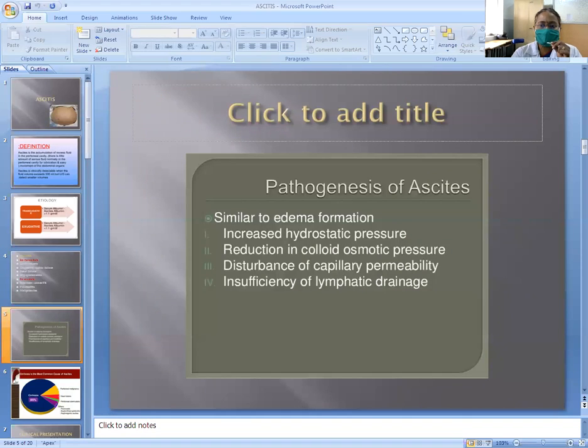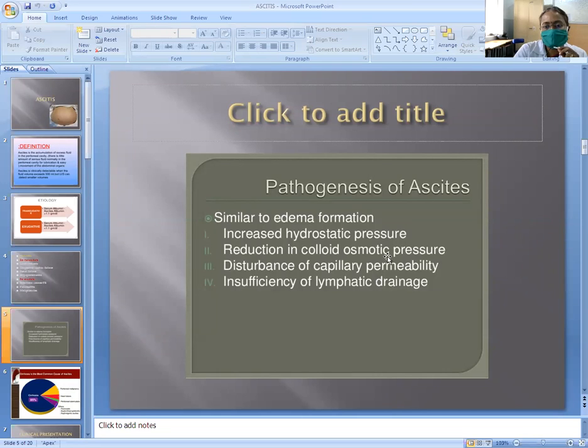Pathogenesis is again same as we discussed in edema. This excess accumulation of fluid in the serous cavity is mainly because of four mechanisms. One is increased hydrostatic pressure.